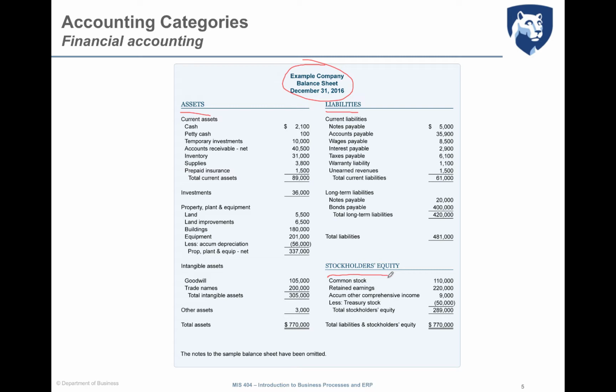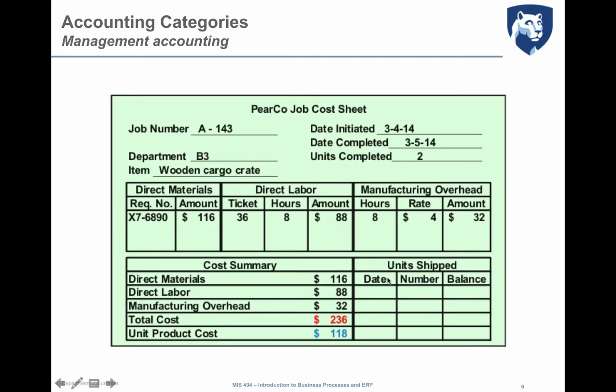in the following slides. Here instead you can see an example of a document in the field of management or managerial accounting. Management accounting in particular generates monthly or weekly reports for the organization's internal audience, such as department managers, such as the chief executive officer, and so on.